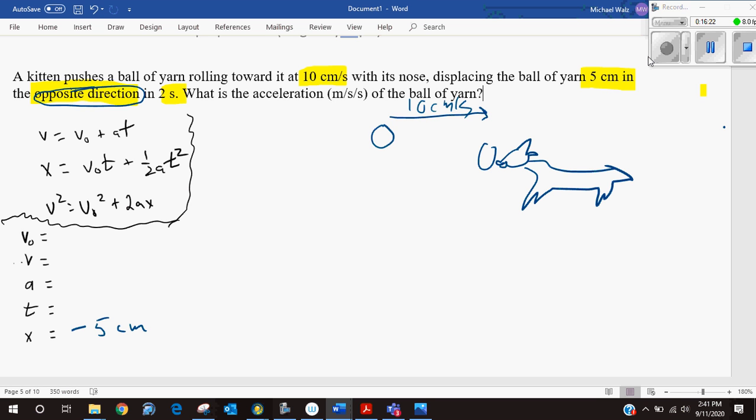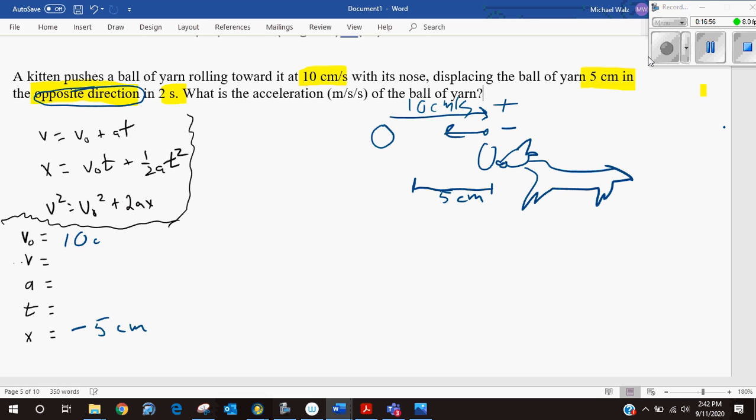So the ball gets here, and I'm assuming that this kitten is stopping the ball because I don't see how else it's going to be able to displace in the opposite direction of 5 centimeters. But it does. So there's quite an acceleration there because it stops it and then it moves it in the opposite direction. So whatever velocity we get should have a negative symbol because it's got to be in the opposite direction of the original velocity. So let's see how this works out. It might be a flawed question.